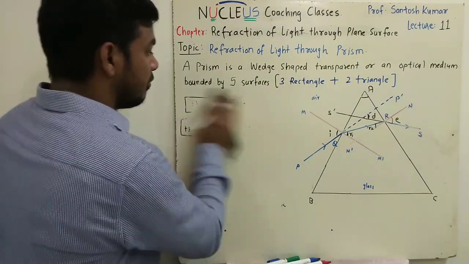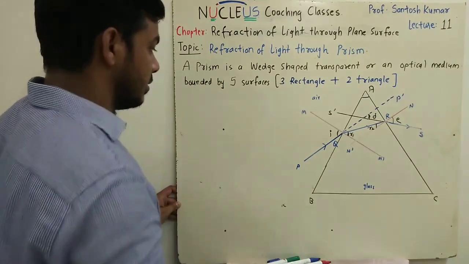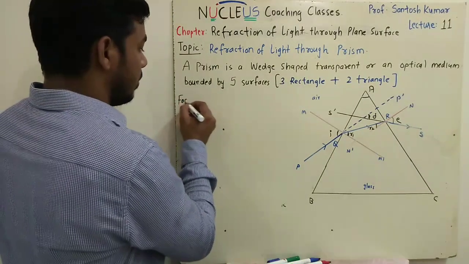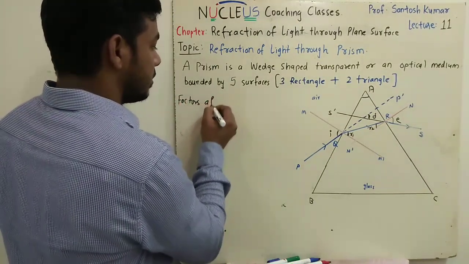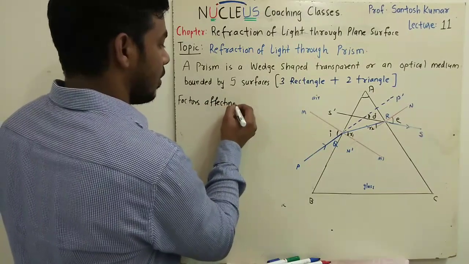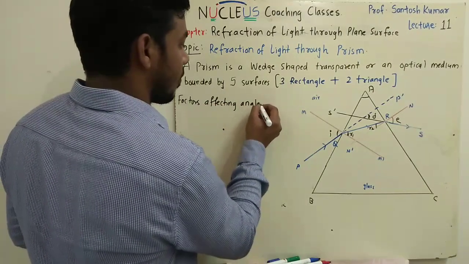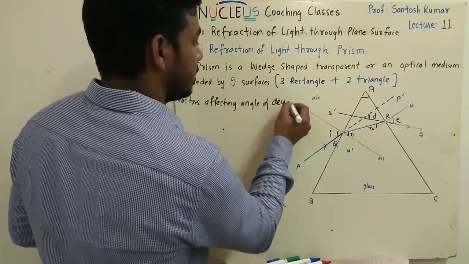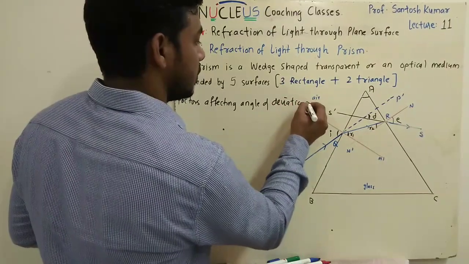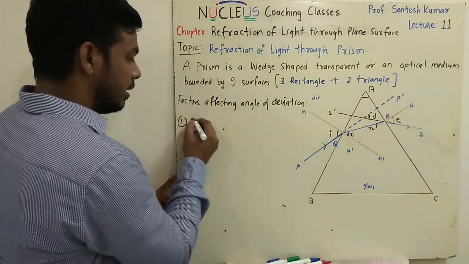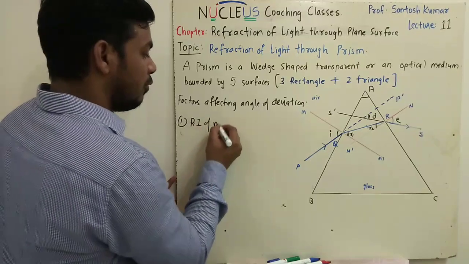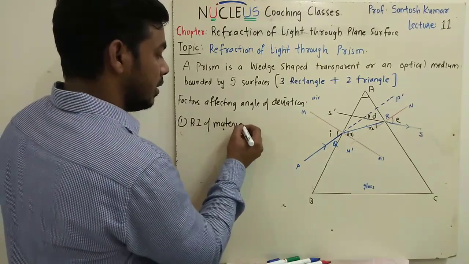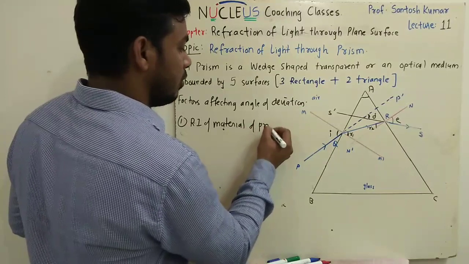So if I talk about the factors affecting the angle of deviation, the first factor is the refractive index of the material of the prism.